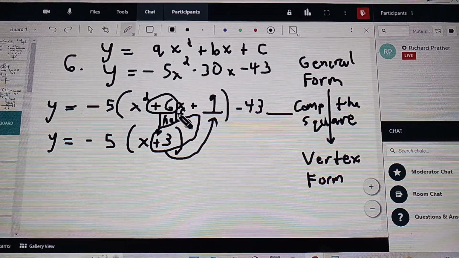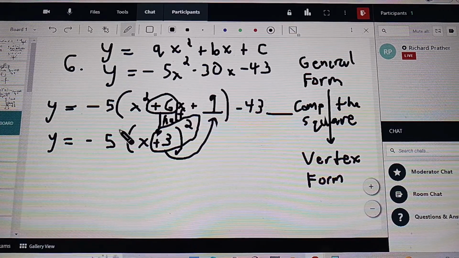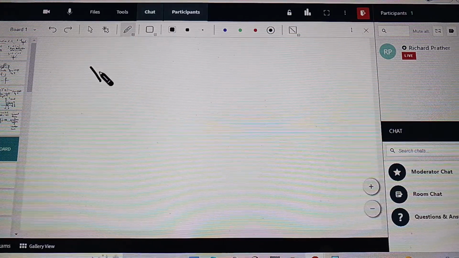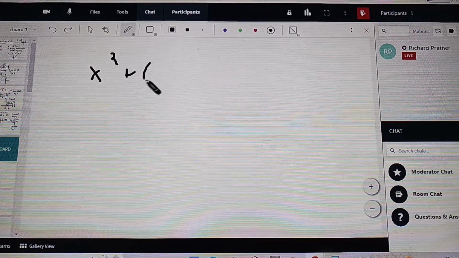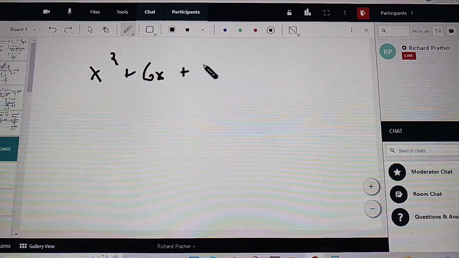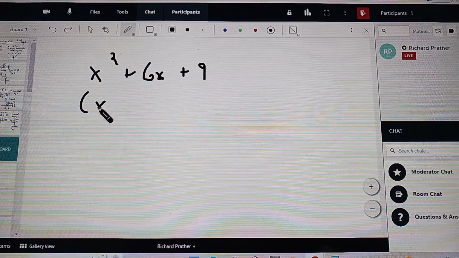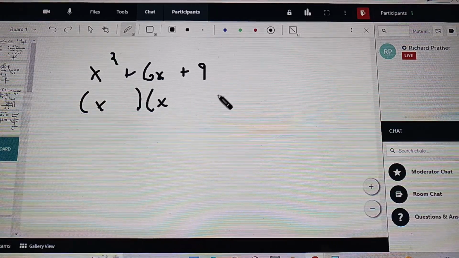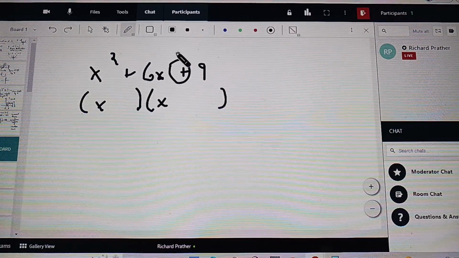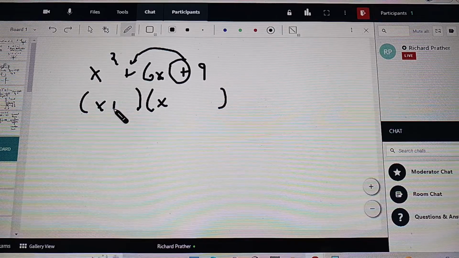And quadratic formula is not going to help us here because we need this format. But if you had this trinomial, x squared plus 6x plus 9, if you were just given that back in high school math, and they said factor it, you would get 2 x's in the front. There's a plus here, so both answers are plus.